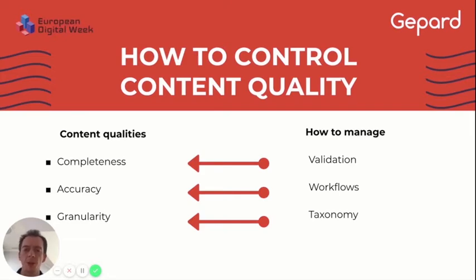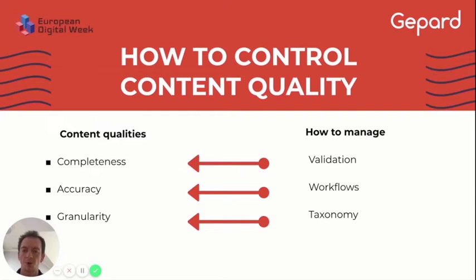Completeness means specifically how do you explain and how do you describe the product in a most complete way. And what you could do about this is to define the validation rules, which would require a person entering the data to provide it to the full extent. And you do define such validations with the help of taxonomy.